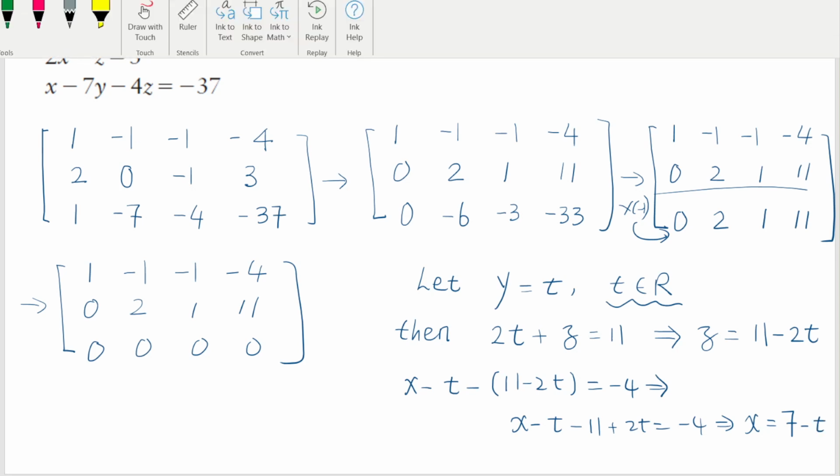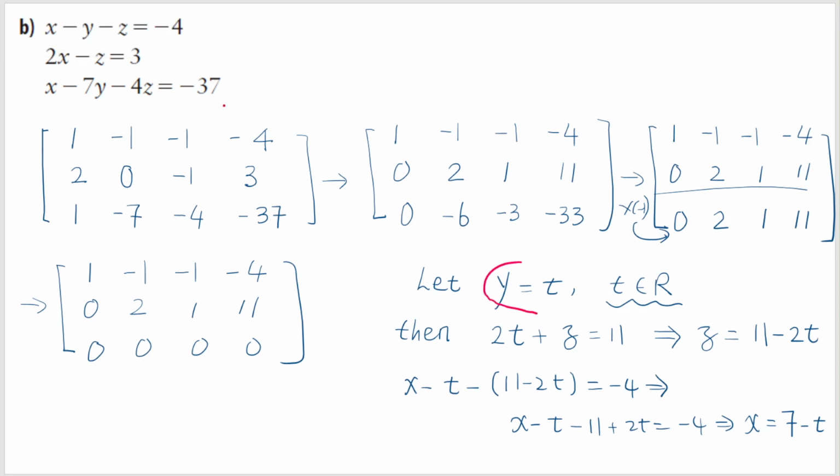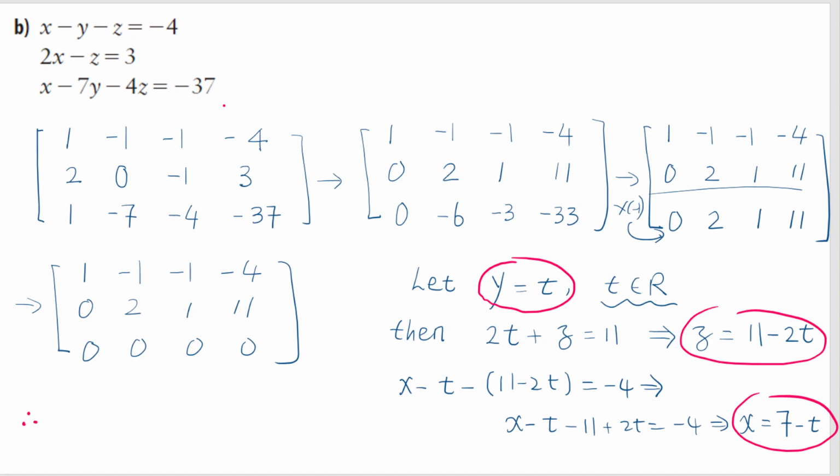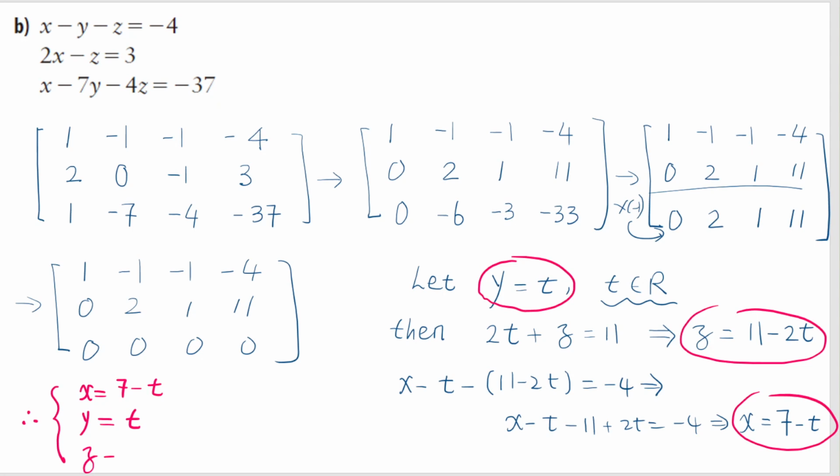Therefore, these are our solutions. y equals t, z equals 11 minus 2t, and x equals 7 minus t, where t belongs to the real number set, which means it can be any real number.